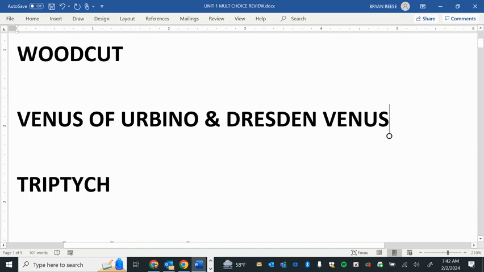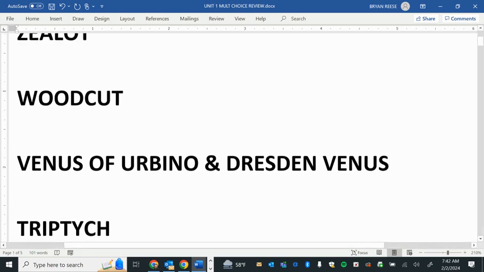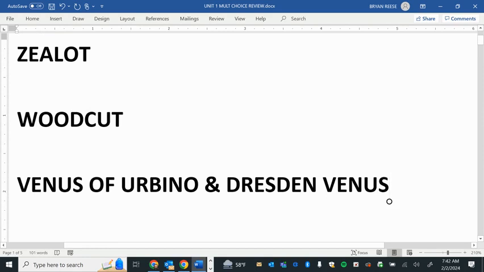You should know what a woodcut print is. And finally, zealot. The word zealot appears on the test a couple of times. So know what a zealot is.